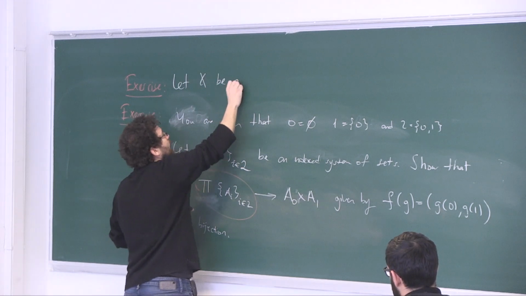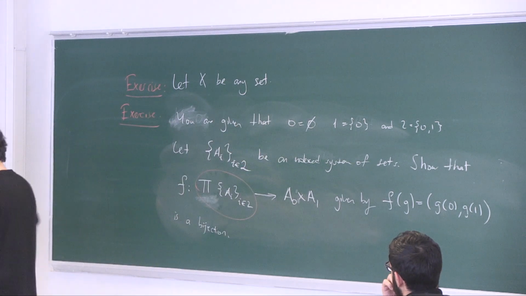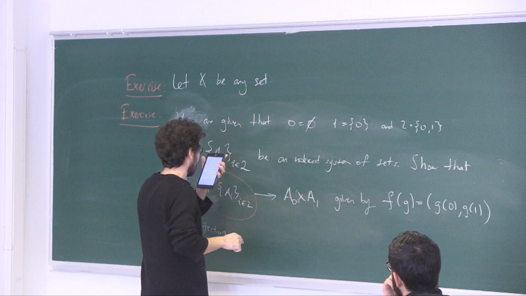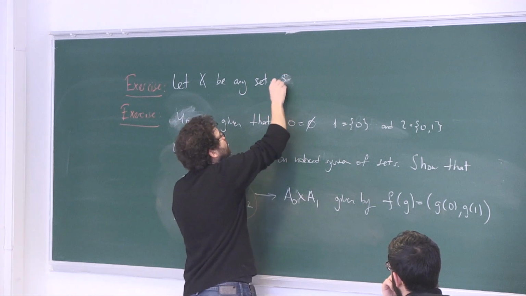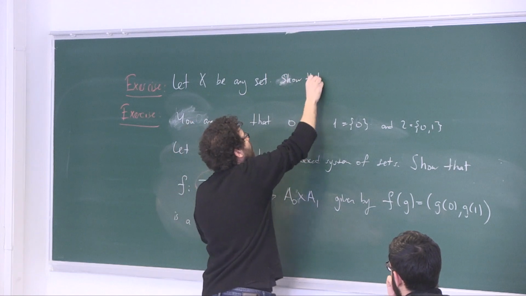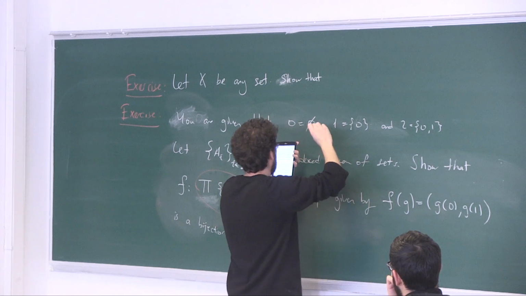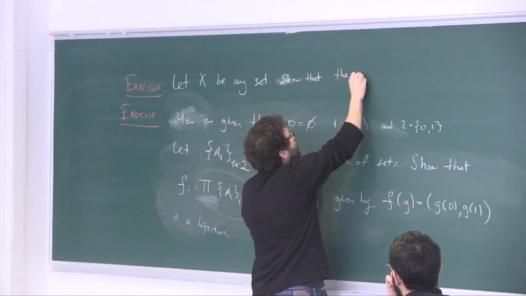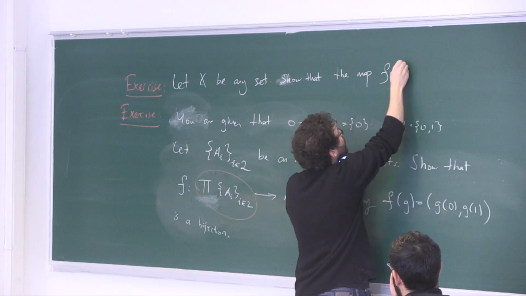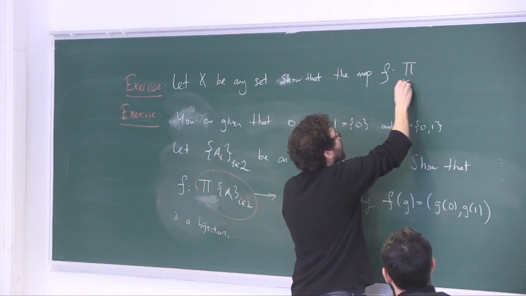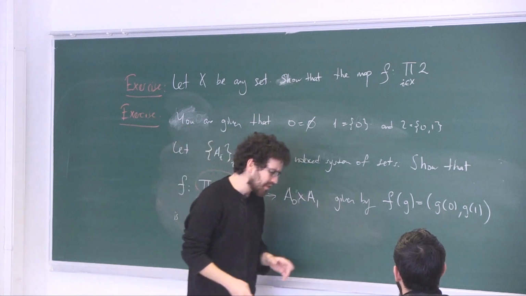Let X be any set. Now, the first part of the exercise, I actually did it over here. Show that the map, the function from, now, I changed my notation, so I need to explain this notation.